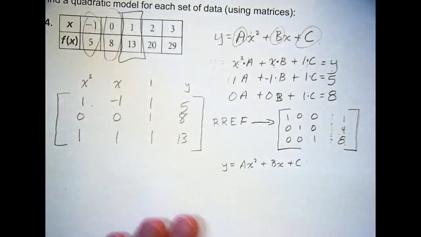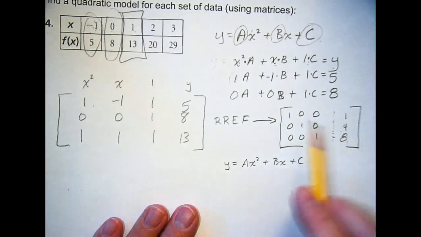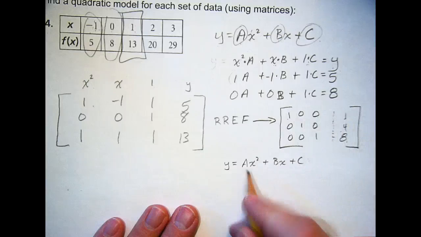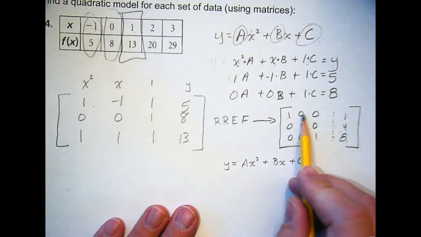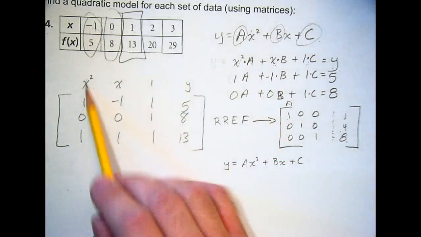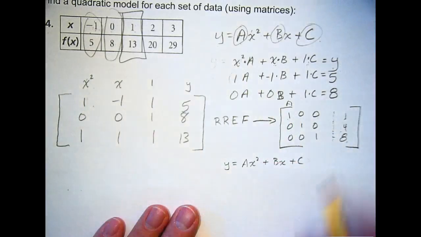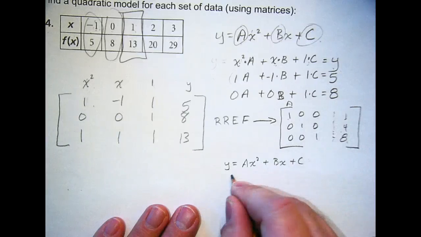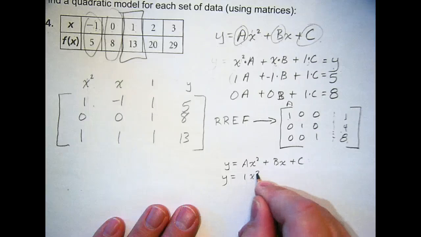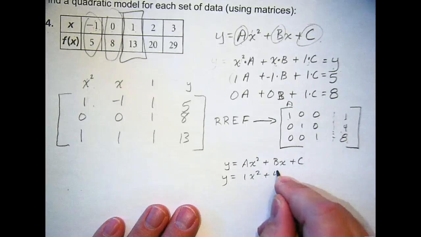Because it's basically saying 1A plus 0B plus 0C equals 1. So A, if B and C are 0, then A has to be 1. Good. And we know that this is A because A is the coefficient of our x squared, which was our first value in. Very good.